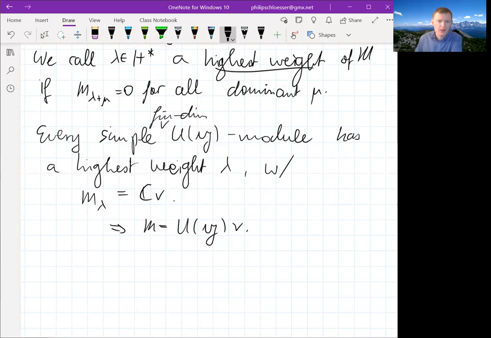I guess using the comment I made earlier, that we can now just retrieve M as being UG divided by the annihilator of V, we can ask ourselves, well, what does this annihilator ideal look like?